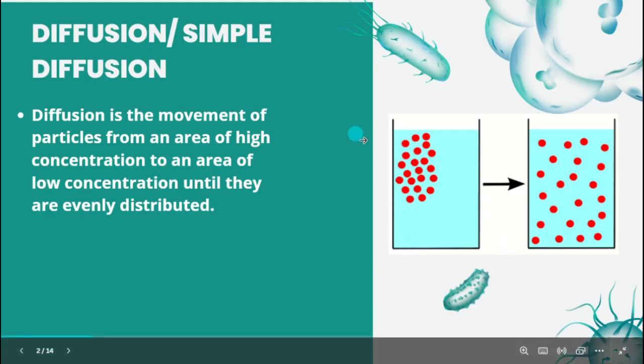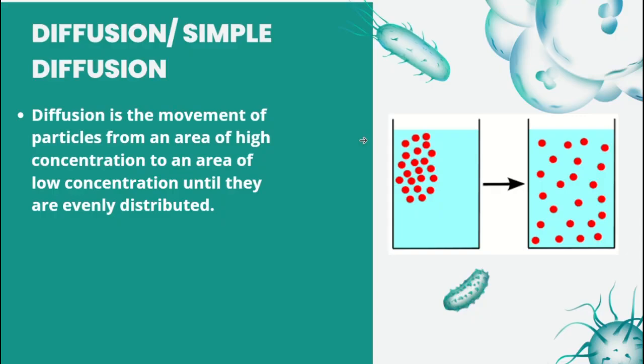Right, so that's basically our definition for diffusion, or simple diffusion. They're about the same thing, but just remember, high concentration to an area of low concentration, and the goal is always for it to be evenly distributed. It doesn't want everything bunched up in one corner, right? So for example, you see these balls, these could be molecules of something, and they're literally concentrated in one area.